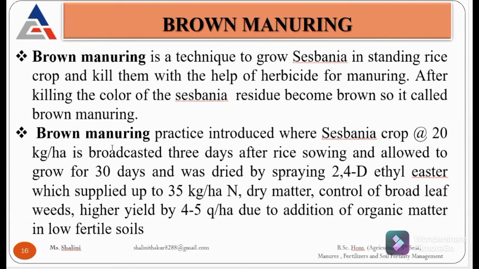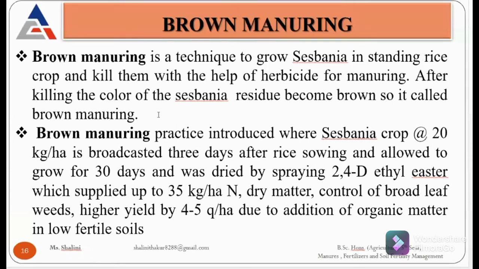Similarly, when we apply herbicide on dhancha, the green color gets lost and it becomes brown, and it acts as brown manuring.